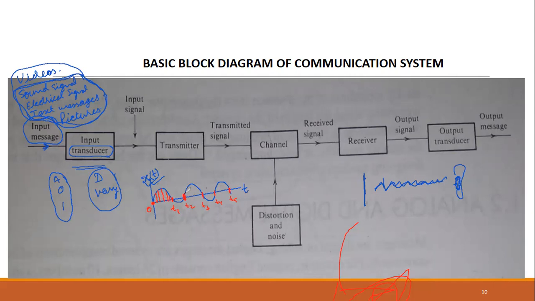Are you getting my question? 0 से t2 तक इस सिग्नल के कितने वैल्यूज हैं? Yes, any idea, any guess? Infinite. Infinite. Anybody else?